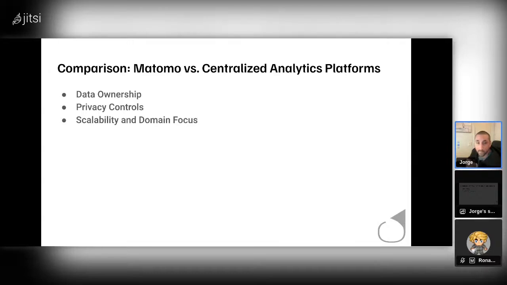Matomo's privacy-first approach includes built-in features like IP anonymization, user consent management, and flexible data retention policies. These privacy controls meet strict regulations such as GDPR and can be customized by each team to address domain-specific requirements.